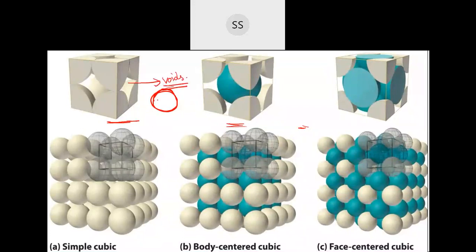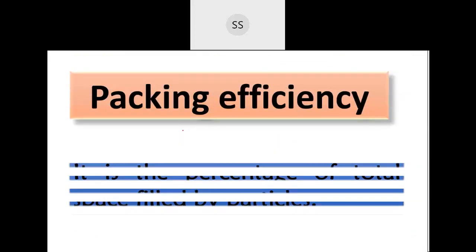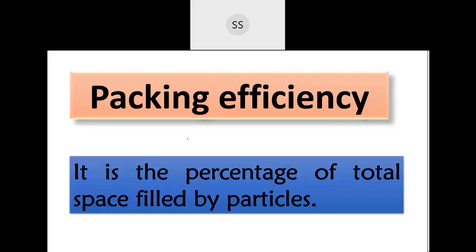What we need to calculate here is how much of the total space is occupied by these particles, the total percentage of space occupied out of 100%. That is what packing efficiency is when we are talking about atoms. So packing efficiency is nothing but the percentage of total space filled by the particles.